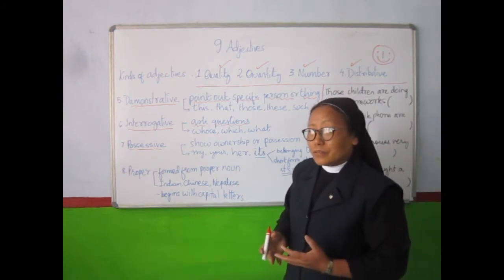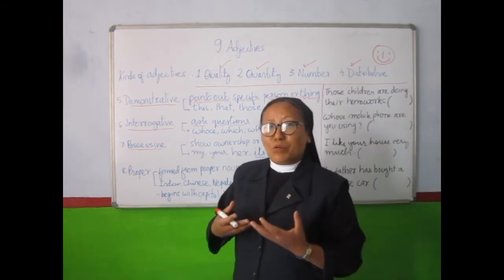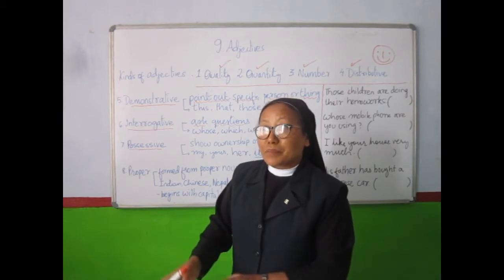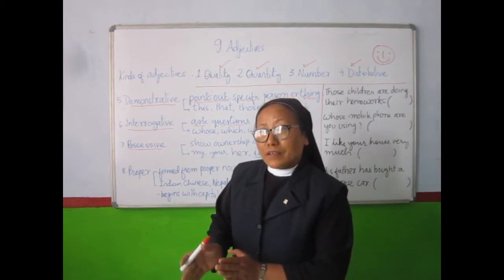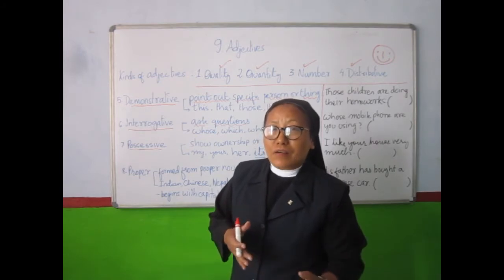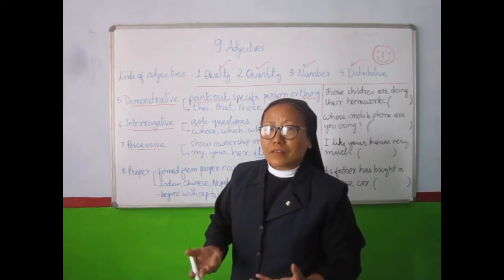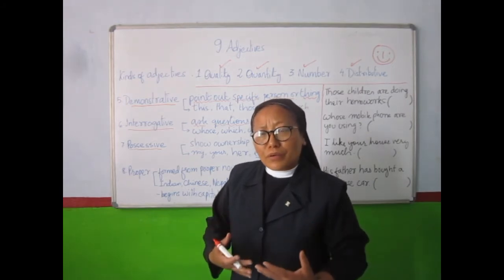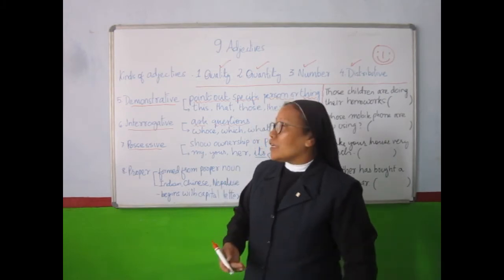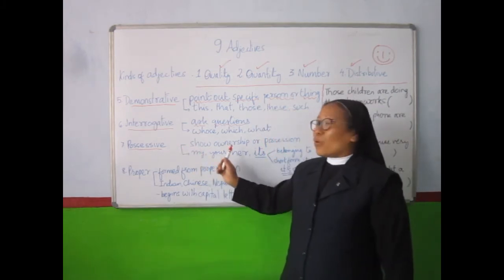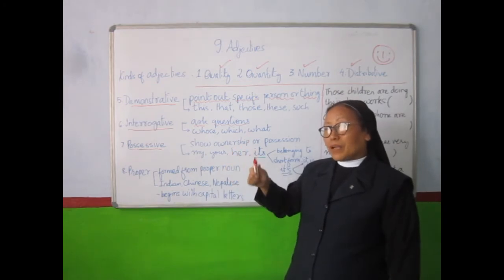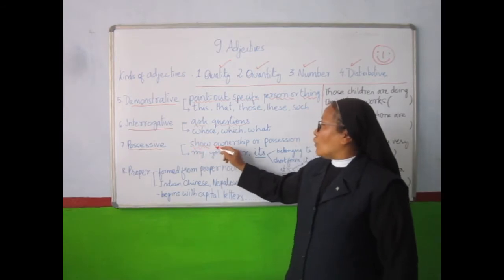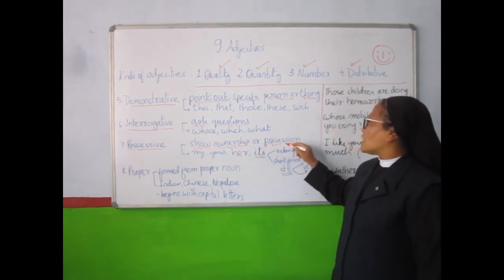You are also using mobiles or a PC, which belong to someone, either yours, or your dad's, or your mom's. Maybe your parents bought a mobile for you, it's your mobile. So possessive adjectives show ownership or possession.